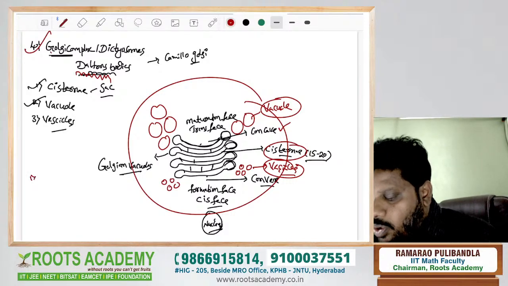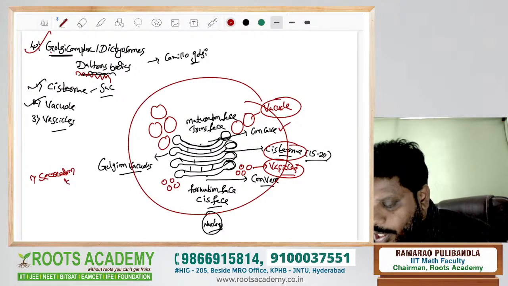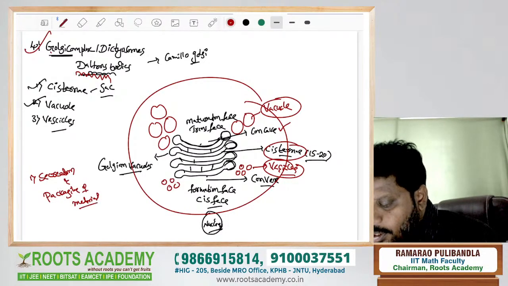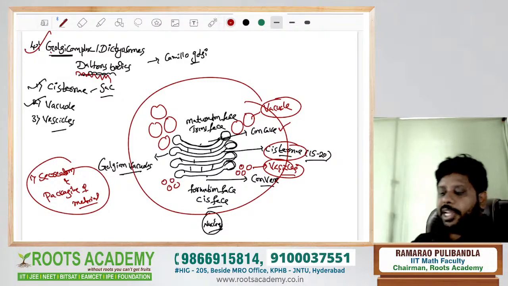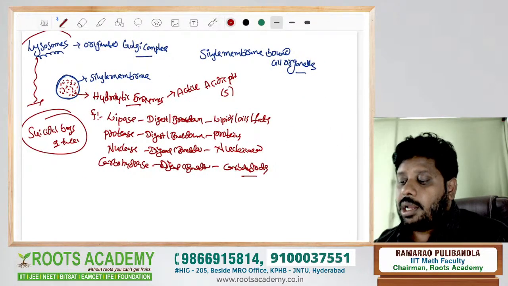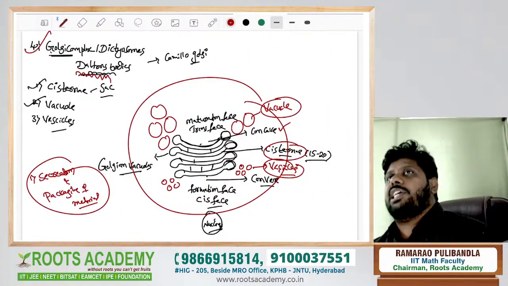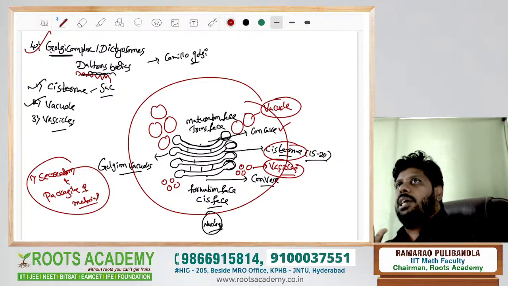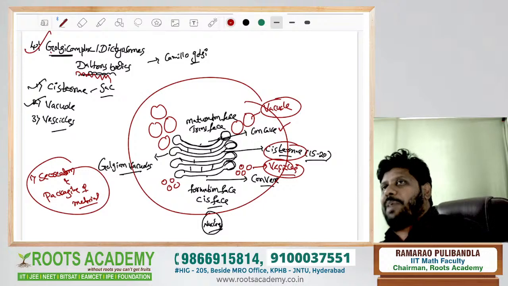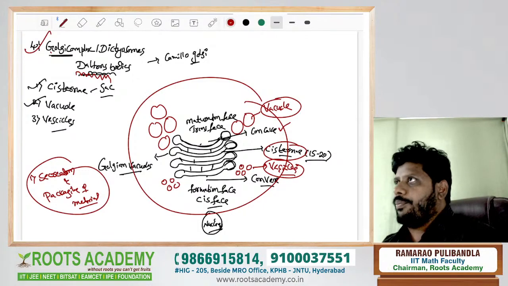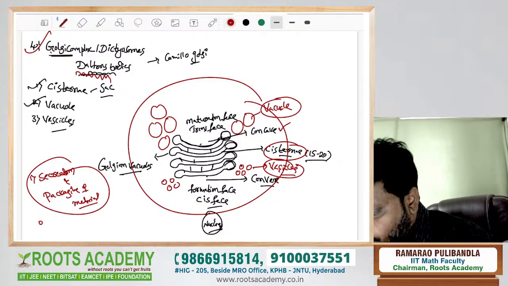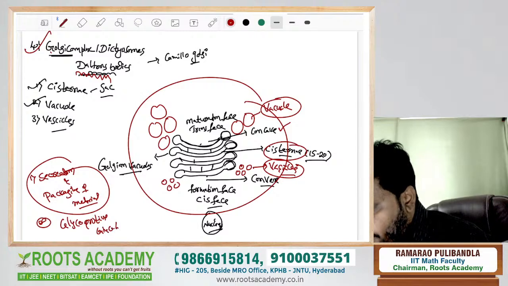Sir, what is the function of the Golgi complex? Secretion and packaging of materials. The Golgi is also responsible for synthesizing lysosomes. So what is the Golgi's first function? Secretion and packaging of materials: it packs the material coming from the endoplasmic reticulum and sends it wherever they work. That is the first function. The second function: it synthesizes glycoproteins and glycolipids also.